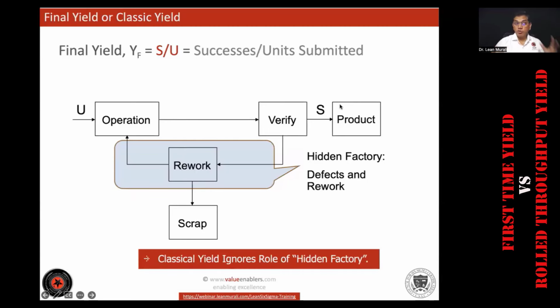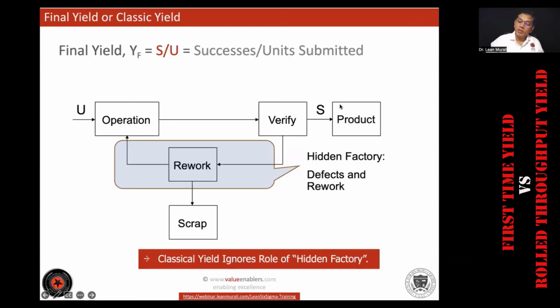Or in another extreme case, if all the products you produced are defective, and you rework all the defective parts and make them acceptable, then the final yield or classic yield is 100%. But what you have actually done is that you have not made it right the first time.